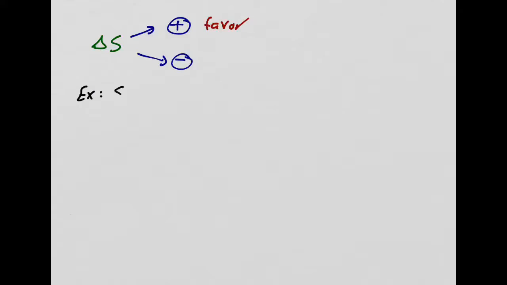Let's say we have a solid, and the solid is going to go to gas. Now, a solid, if you have a piece of solid, has a good order, is ordered, is nicely packed together. Whereas gas, we would consider to be disordered, right?